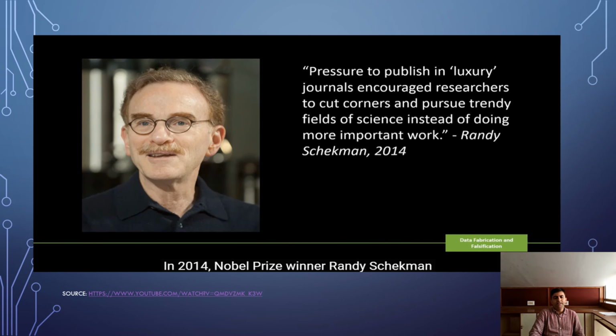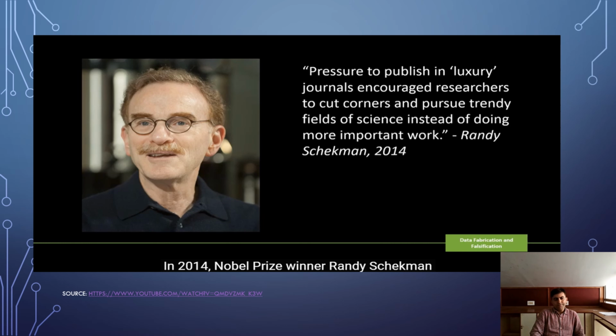Then at the end, the pressure to publish, from Nobel laureate Randy Schekman. The pressure to publish in luxury journals forces researchers to cut corners and pursue trendy fields of science instead of doing more important work, as stated by Randy.